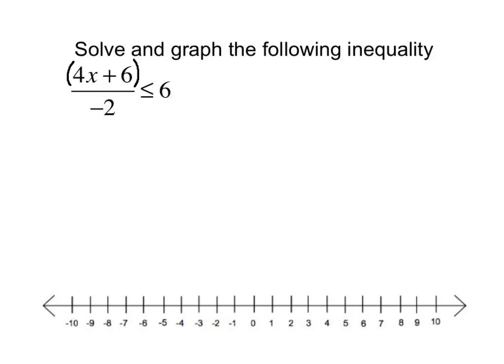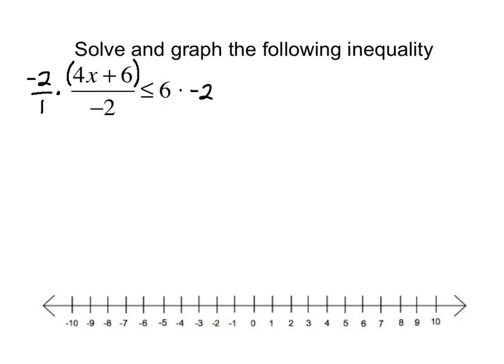However, because I'm dividing this entire set of parentheses by the negative 2, what we can do is the inverse operation of the division by the negative 2, which is actually to multiply by negative 2. So if I multiply both sides here by negative 2, or in other words, negative 2 over 1, I'm doing that inverse operation to both sides.